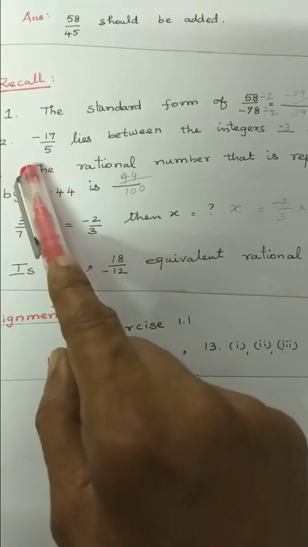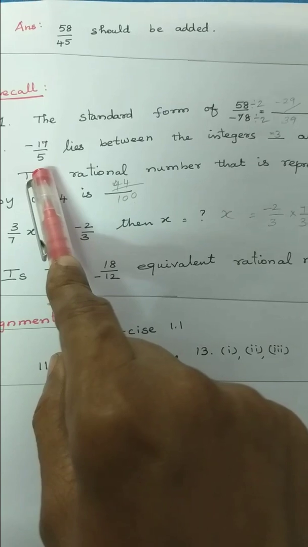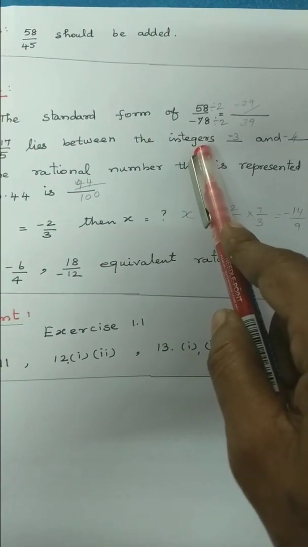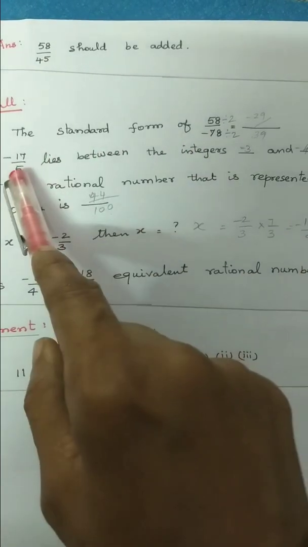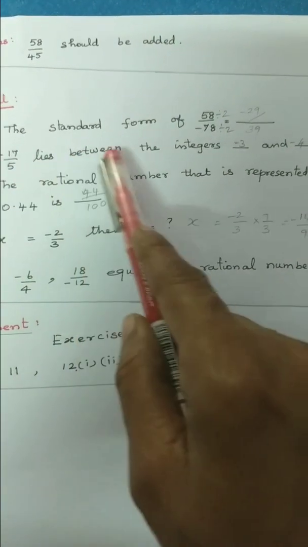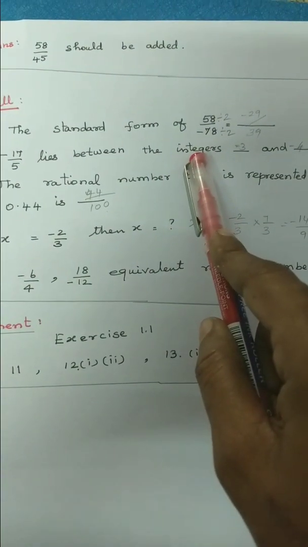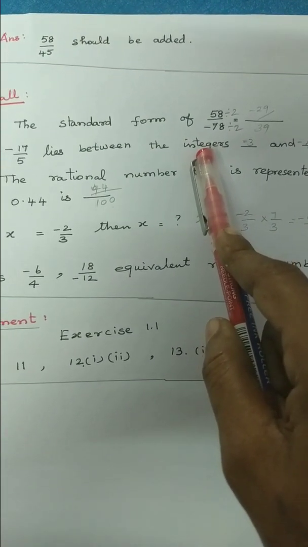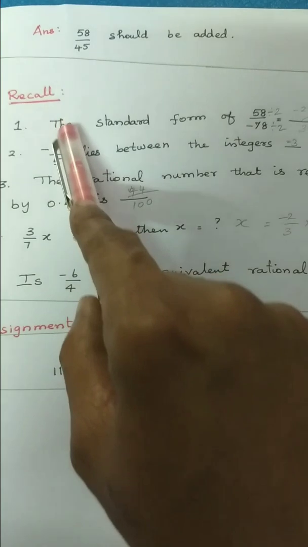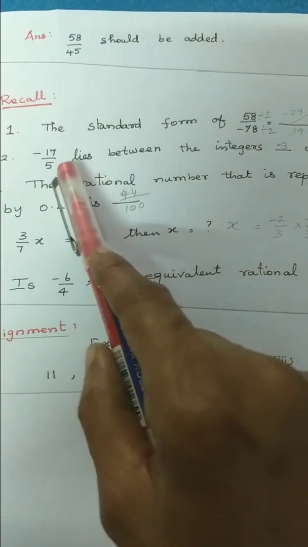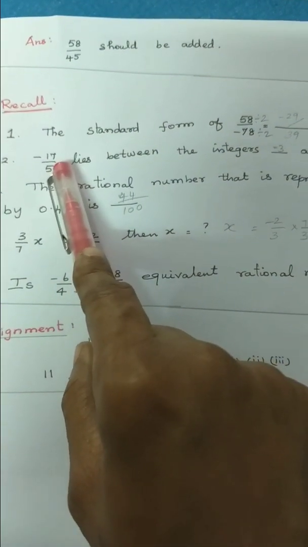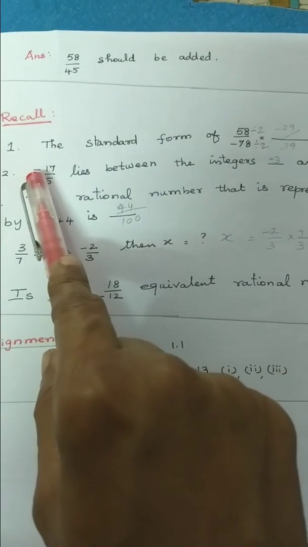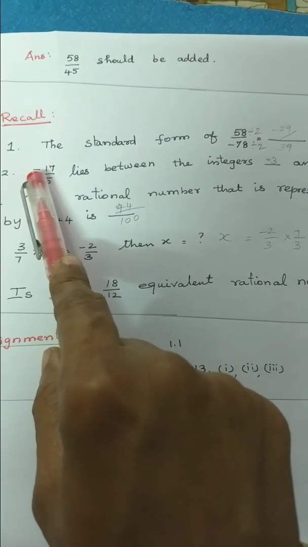Then minus 17 by 5 lies between which integers? How to find? This is what fraction? Yes, improper fraction. We can change this to a proper fraction.